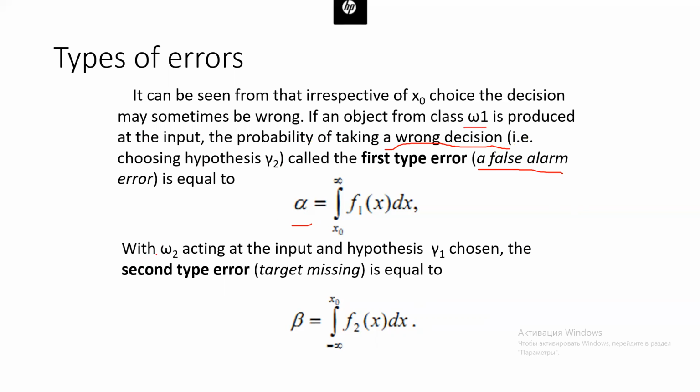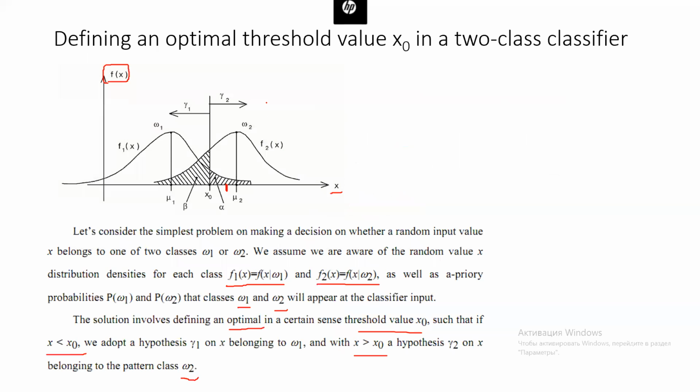And if we are talking about second type error, or target missing, our target is the second class, and the first class here is no target.